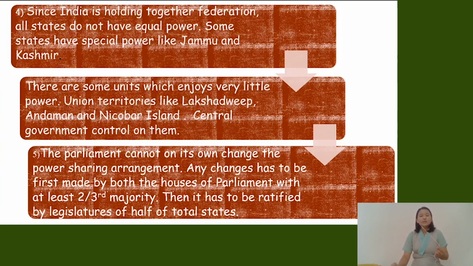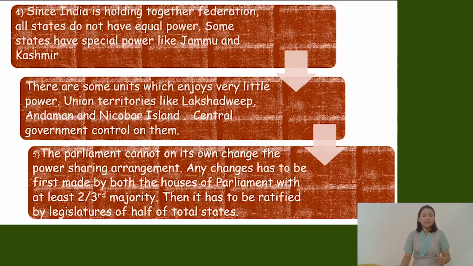These union territories are Lakshadweep, Andaman and Nicobar Islands, Delhi, Pondicherry, right? Before we had 7 union territories, now we have 9 union territories, that is Jammu and Kashmir and a new 2 territories, right? Under these territories, the central government has direct control over them.